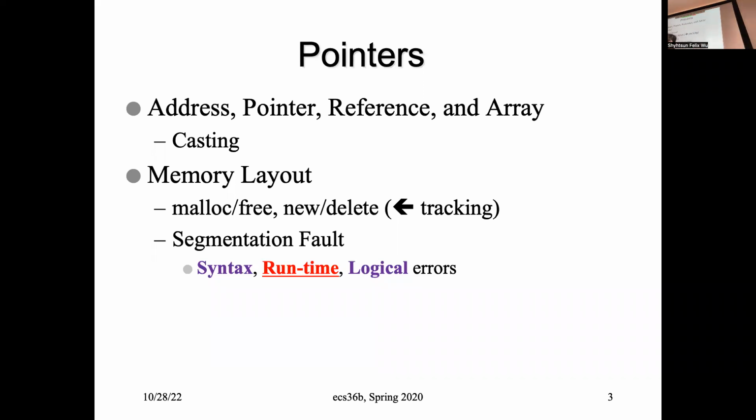Okay, so pointer is one of the relatively challenging concepts in C++ programming. We covered this topic last week, talking about address, pointer, reference, and array in the C programming language, plus the mechanism of casting.